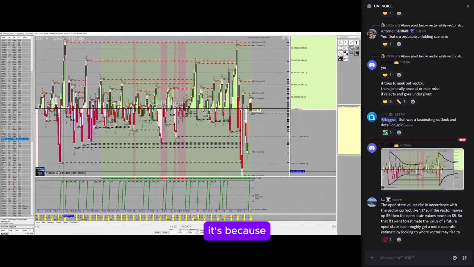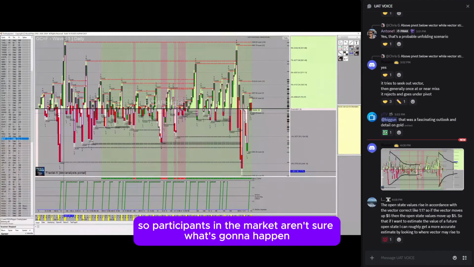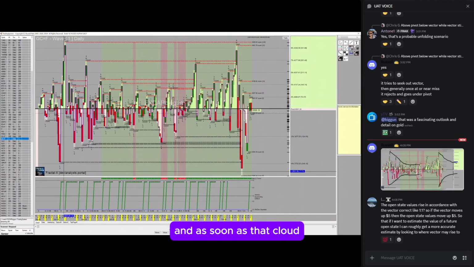When they start dinking with regulations and programs, it creates a level of uncertainty, so participants in the market aren't sure what's going to happen. And as soon as that cloud lifts, with nobody in Congress, there's more clarity because programs are in place.